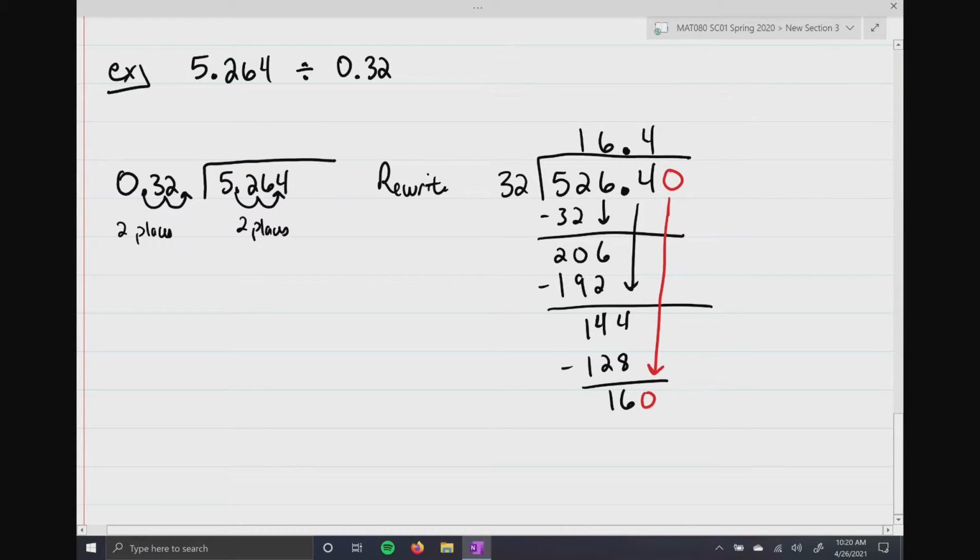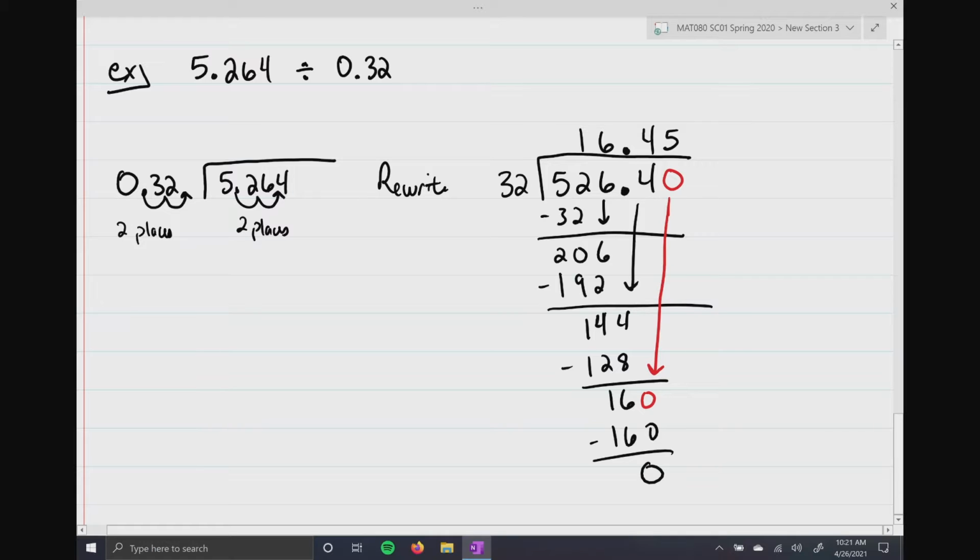And we'll continuously do that until we get one of 3 situations. The first situation is what we're going to have here. 32 goes into 160 exactly 5 times. So here's our first situation. If we write a 0 and then we get a remainder of 0, we know we're done.